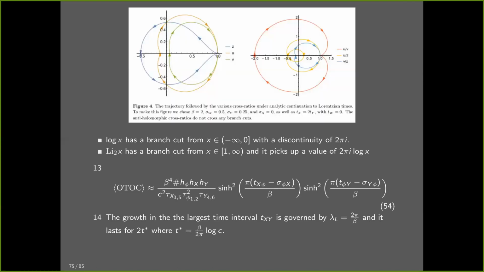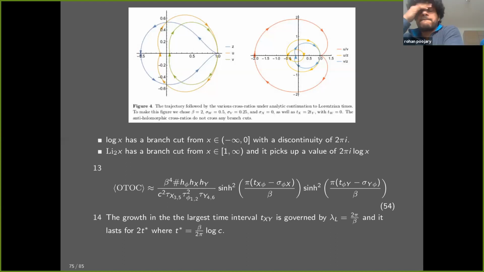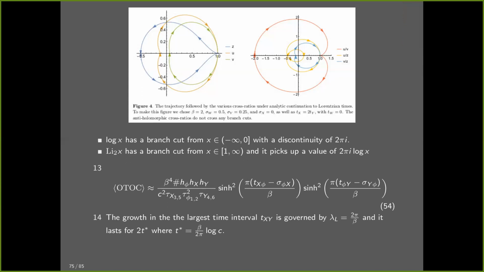Just to ask, with regard to the difference with respect to the 4-point function OTOC, for the 4-point function, the exponential growth appears at 1 over c itself, right? Yes. This is just an artifact of the fact that you're looking at the n-point function. Right. And so in terms of, say, bulk Witten diagrams, what does equation 54 correspond to?